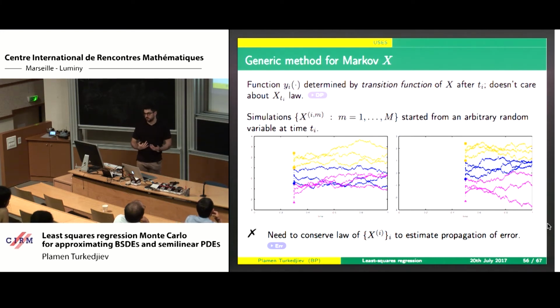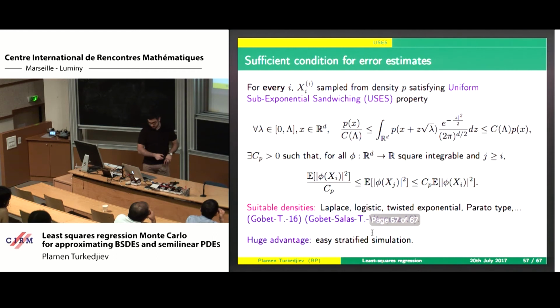So if we actually want to prove that a system like this converges, we need to have some consistency in the laws of the paths of x. And I'll show you what that consistency is on the next slide. So there was a condition we found works very well.